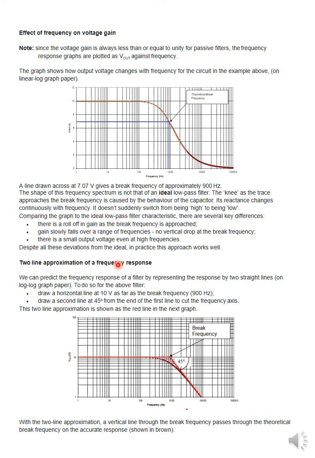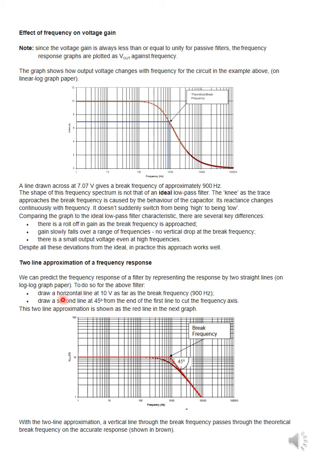Two-line approximation of a frequency response. We can predict the frequency response of a filter by representing the response by two straight lines on this log-log paper. To do so for the above filter, draw a horizontal line at 10 volts as far as the break frequency, 900 Hz. So draw a straight line here.